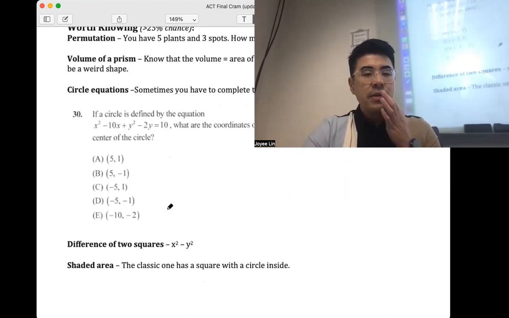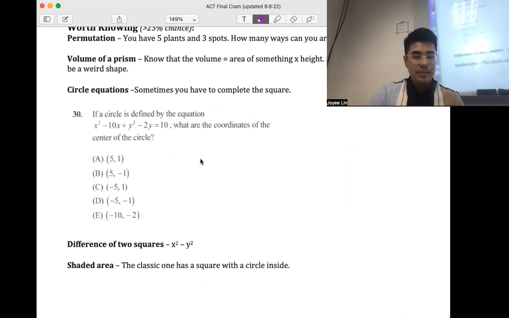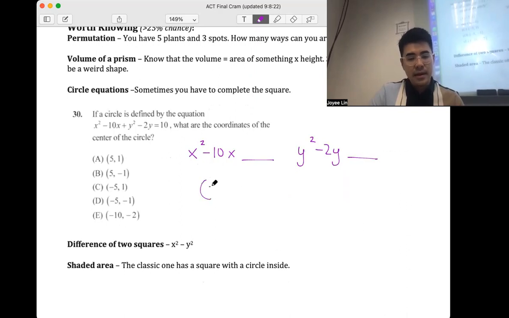Circle equation, sometimes we have to complete the square. What do we do to complete the square for x squared minus 10x? Half of the number, squared, right? Add 25 here, add 25 here. What do we add here? It's -2 over 2 squared.